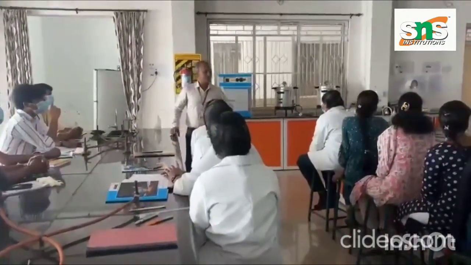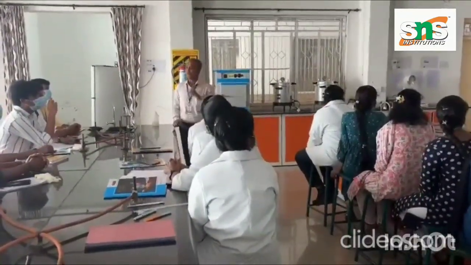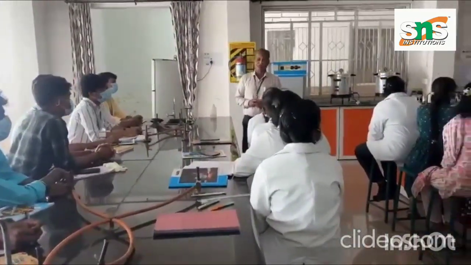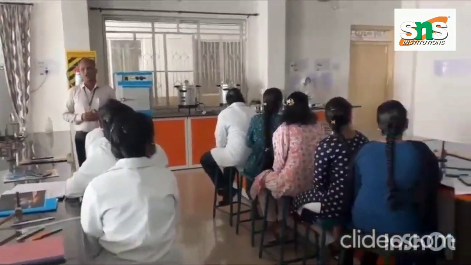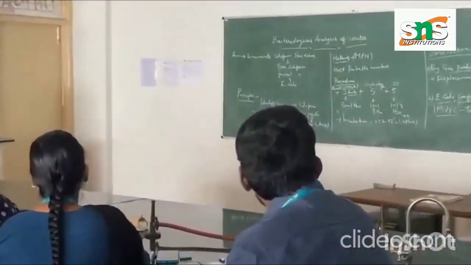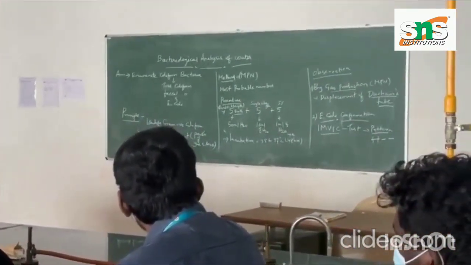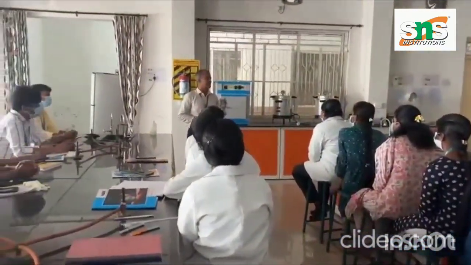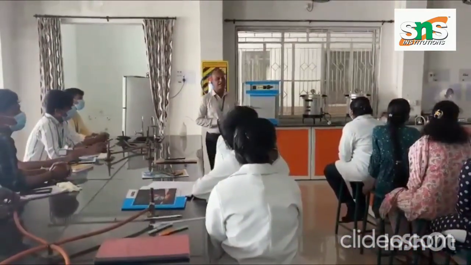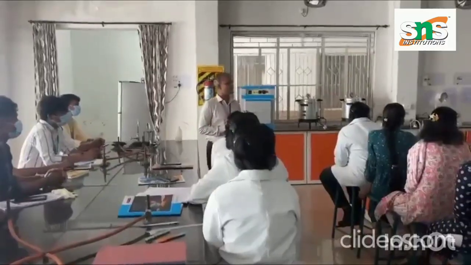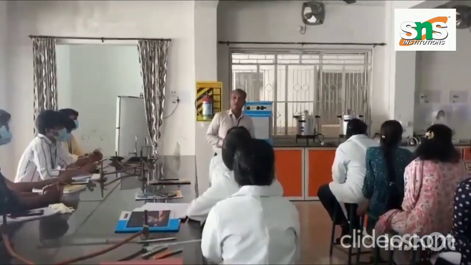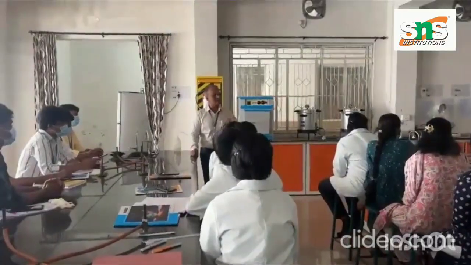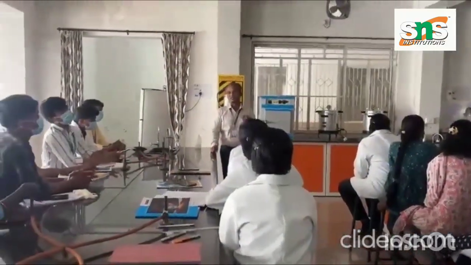Next, E. coli confirmation. For E. coli confirmation, along with the MPN gas production test or displacement of the Durham's tubes, we will perform another biochemical test for identification. The abbreviation is IMViC: I indicates the indole production test, M the methyl red test, V the Voges-Proskauer test, and C the citrate utilization test.